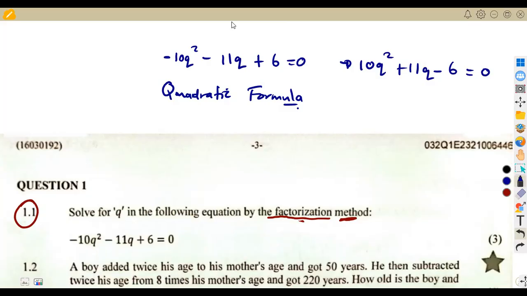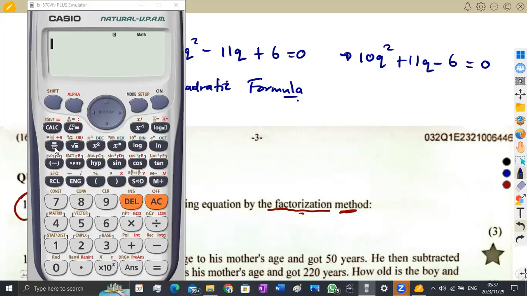So this is what you're going to do. I'm just going to take you through the calculator. Remember your quadratic formula. Do not forget your quadratic formula. It states that x is equal to minus b plus or minus the square root of b squared minus 4ac, over 2a.